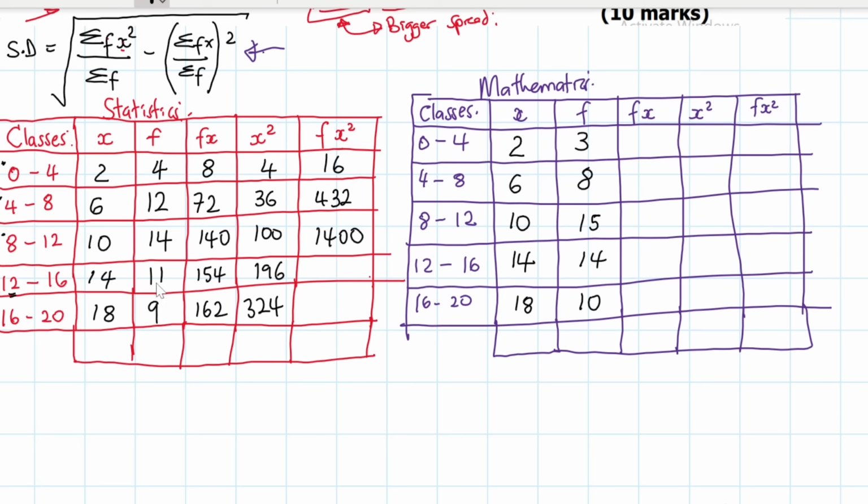Then we have 11 times 196, giving us 2156. Then of course lastly, our f is 9 times x squared, which is 324, giving us 2916. Basically it's just arithmetic.